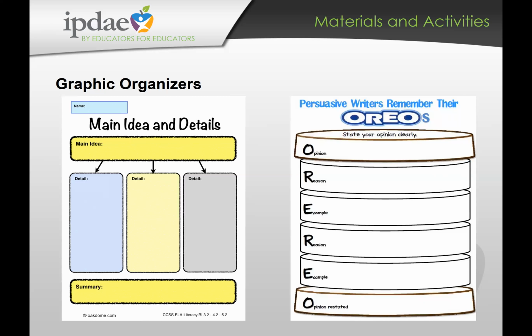And then this is something that's really cute I wanted to show you, this Oreo technique. Oreo stands for O, opinion, R for reason, E for example, R for reason, and then the next E is for another example, and then O is the opinion restated. So we'll start off with, what's the author's opinion? Or we'll start off with, what is your opinion?